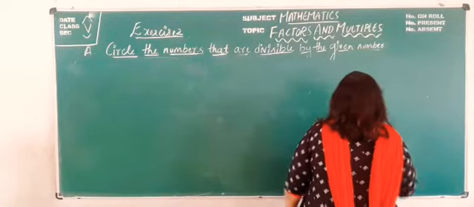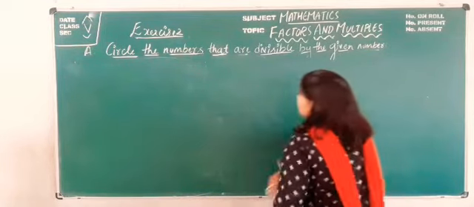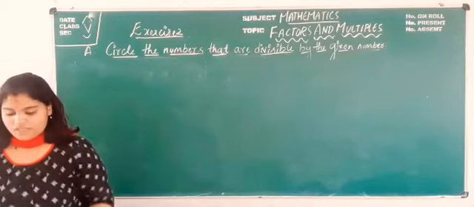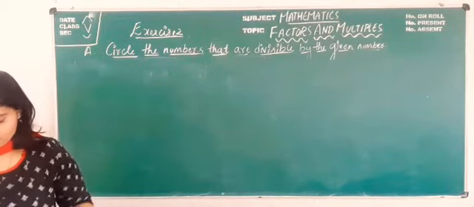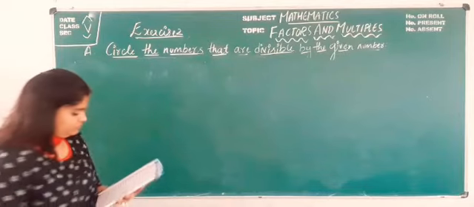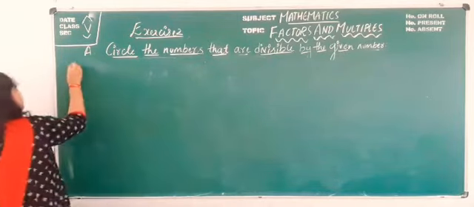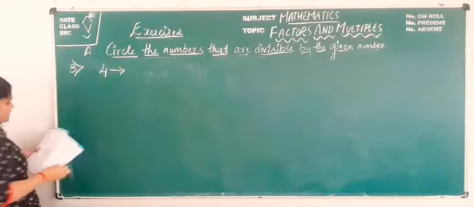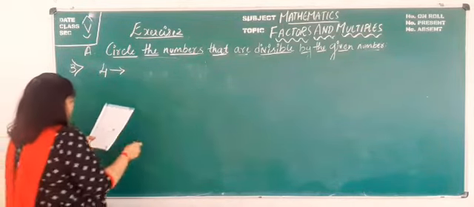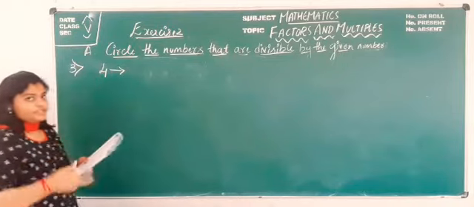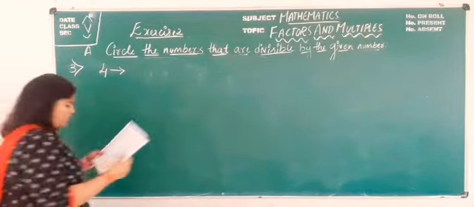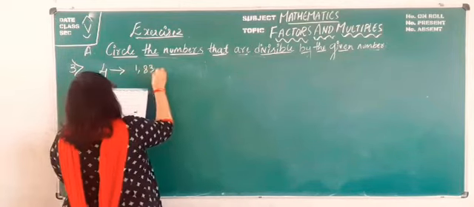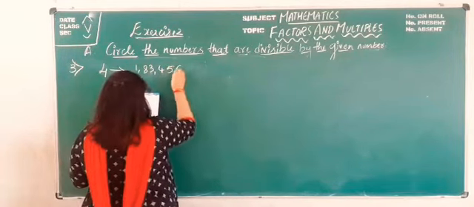Now we shall see the third question. Here the given number is 4. Now we have to check whether the given numbers are divisible by 4 or not. First, 1,83,456.